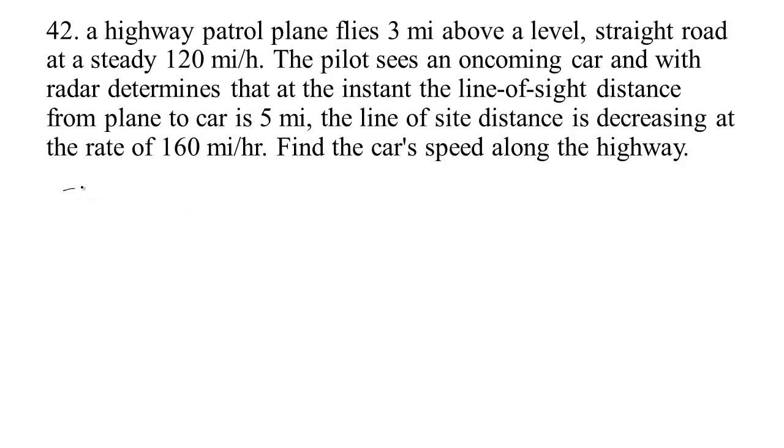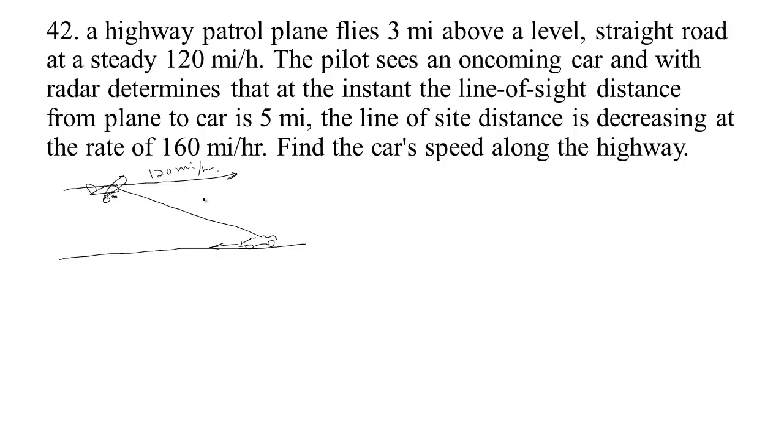So we've got a plane flying along here, so let me draw my little plane. It's flying along at a steady 120 miles per hour, and the pilot sees an oncoming car. So he's above this level straight road, and here's our car coming towards us. We know that the distance between them is decreasing at a rate of 160 miles per hour.